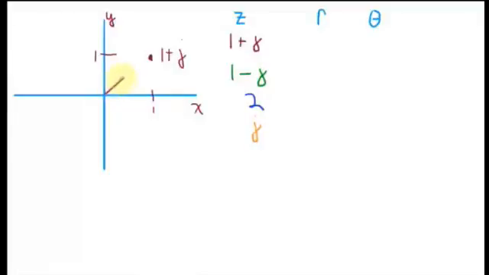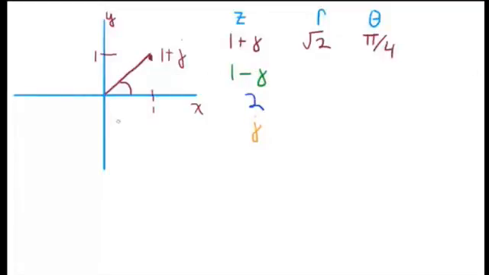Then either algebraically or from the triangle here, we get that the length, the distance from this complex number to the origin, is square root of 1 squared plus 1 squared, or square root of 2. And the angle right here is clearly 45 degrees, or pi over 4 radians.